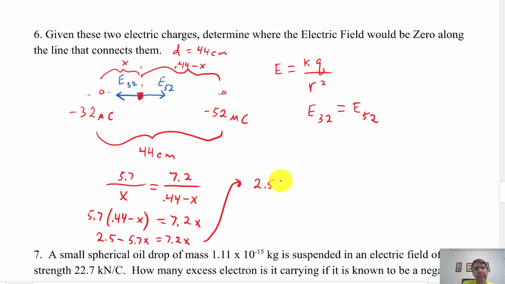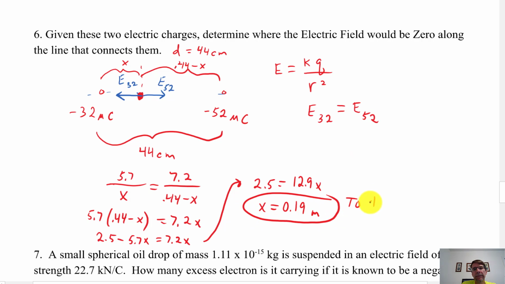2.5 equals, what is that, 12.9x. And then you divide both sides by 12.9, you get x equals 0.19 meters, 19 centimeters, to the right of the negative 32 microcoulomb charge. 19 centimeters.